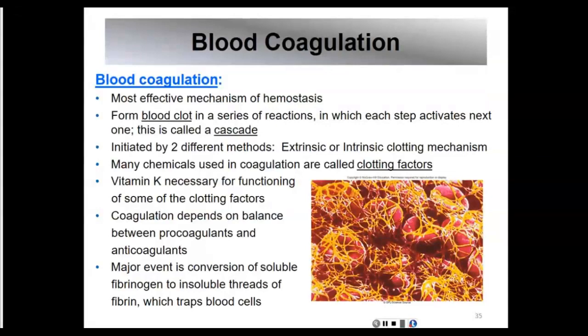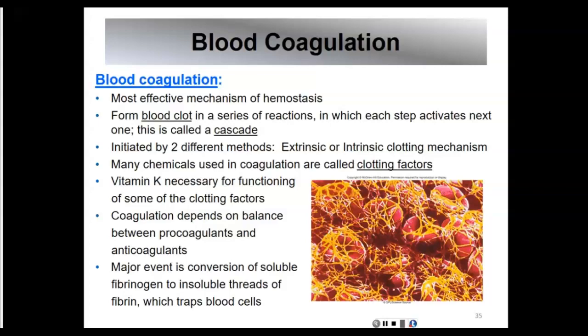A blood clot forms in a series of reactions in which each step activates the next one, which is what you call a cascade. There are two different types of methods, extrinsic and intrinsic clotting mechanisms. Many chemicals are used in coagulation, and these are called clotting factors.